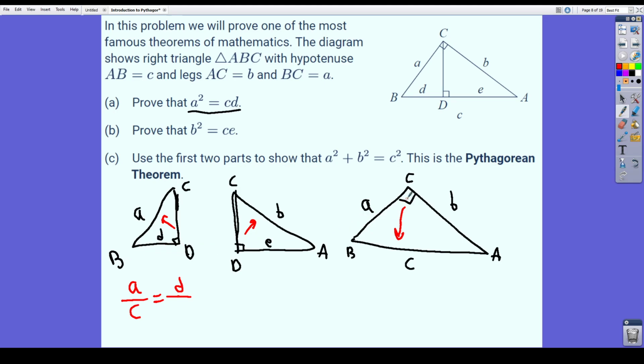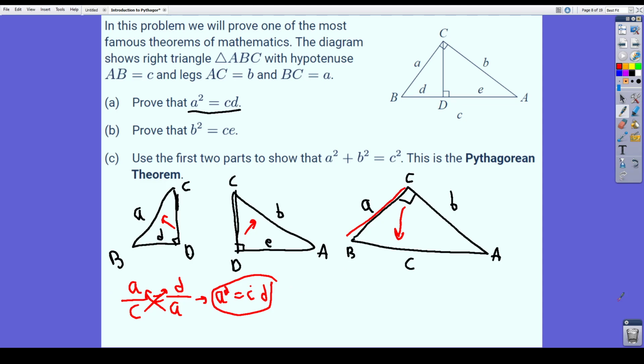So what's the smaller side of the triangle ABC? Well, it'd be this length here. That has a length of a. And now if we cross multiply, we have a times a, which is a squared, equals c times d, which proves part A.